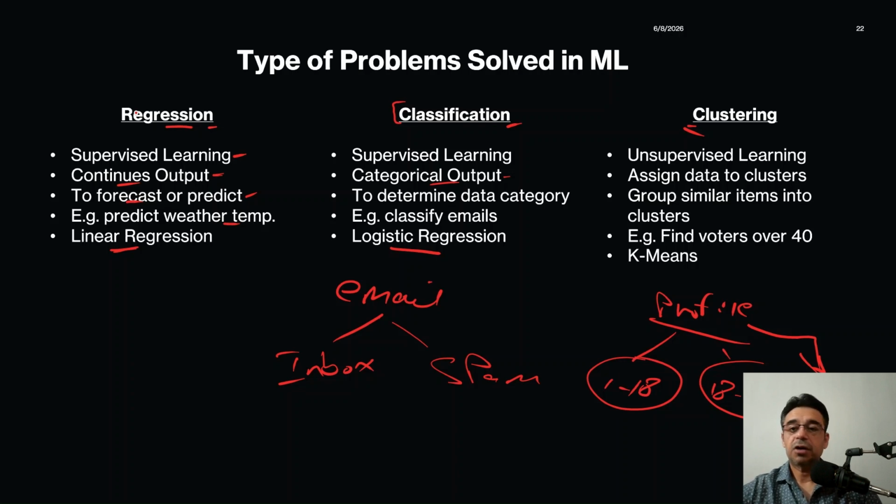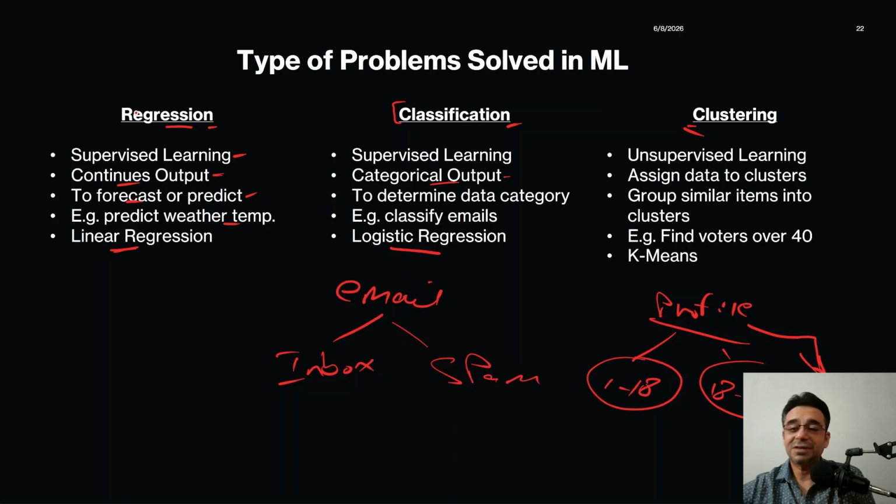This is part of unsupervised machine learning, where you are assigning the data to one of the clusters. And how did the clusters get created? During the training phase, the machine learning model created these clusters based on whatever data we gave. Based on that, the feature similarities were understood by the model, and different clusters were created.